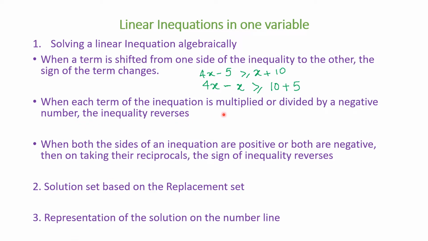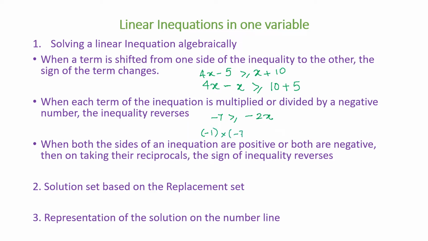When each term of the inequation is multiplied or divided by a negative number, the inequality reverses. So for example, suppose you have minus 7 is greater than or equal to minus 2x. Because I want to convert the minus 2x to plus 2x, I am multiplying by minus 1.